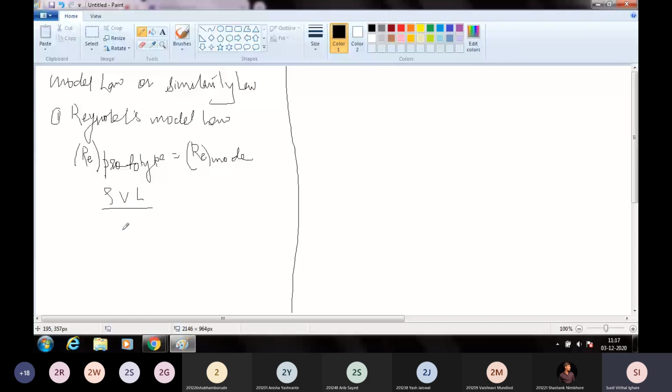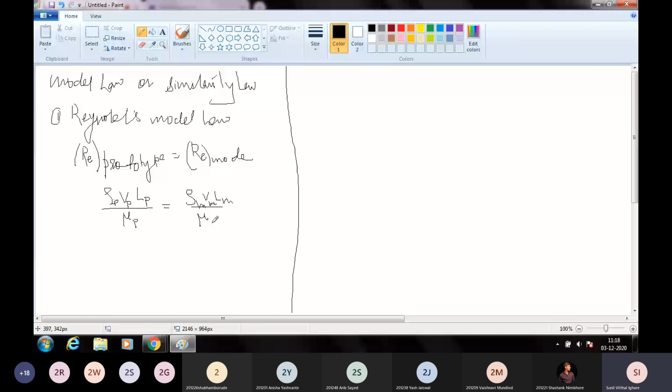So for the prototype we write suffix P: rho V L divided by mu, and that is equal to the same expression on the right-hand side, but this is for the model.